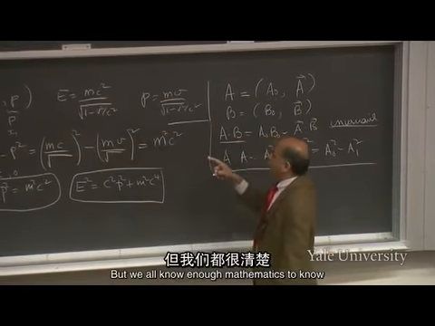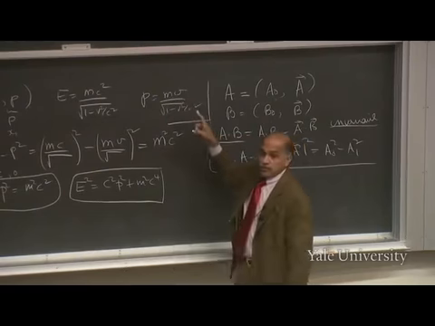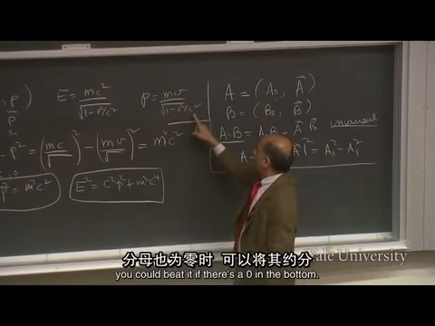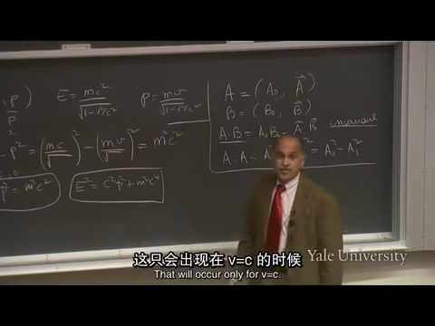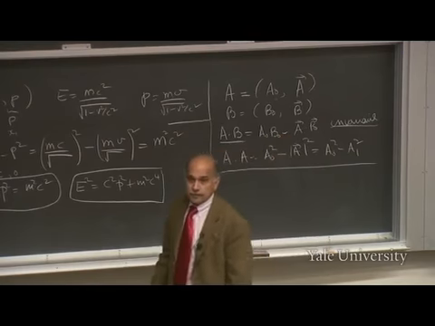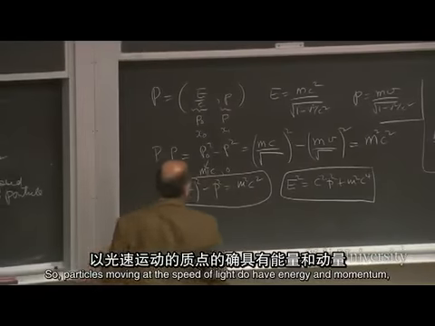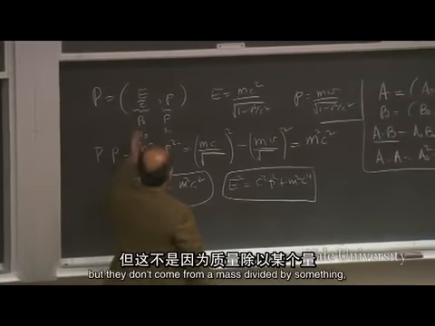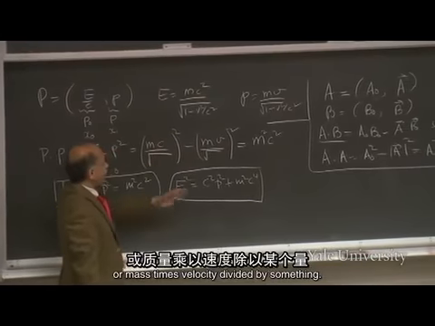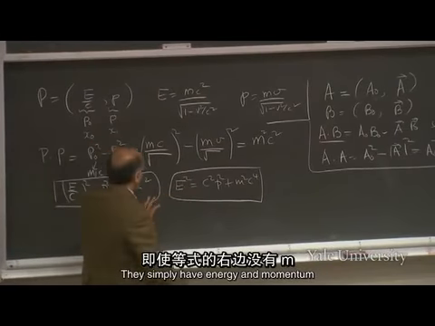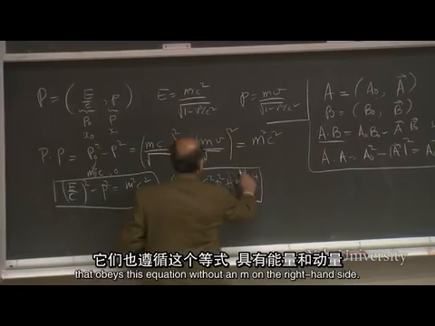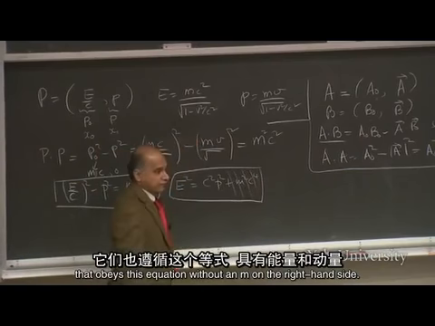But we all know enough mathematics to know that if it's 0 on the top, you could beat it if there's a 0 in the bottom. That will occur only for v equal to c. So particles moving at the speed of light do have energy and momentum, but they don't come from a mass divided by something, or mass times velocity divided by something. They simply have energy and momentum that obey this equation without an m on the right-hand side.